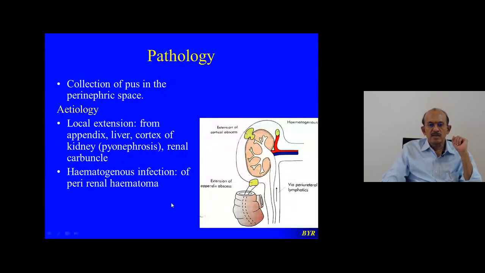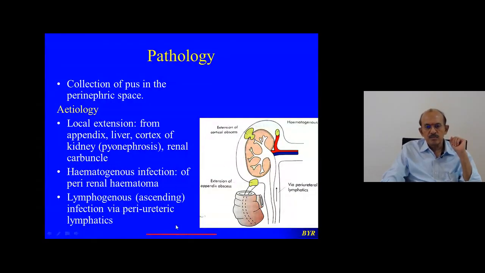It may be hematogenous infection of a perirenal hematoma. So if there is a blunt injury to the kidney, we have seen grade 1, there may be a small tear with perinephric hematoma. So this hematoma may get infected. Or lymphogenous infection via periureteric lymphatics from the bladder.